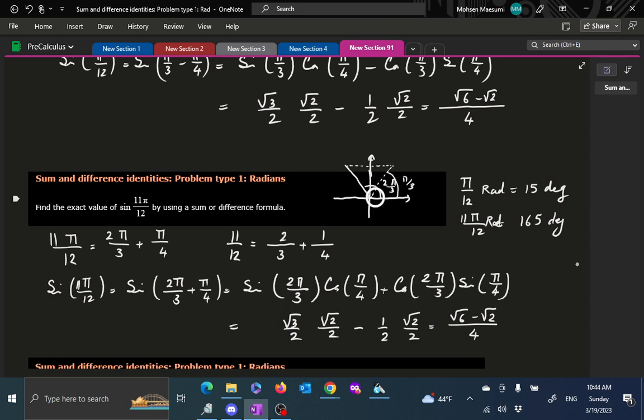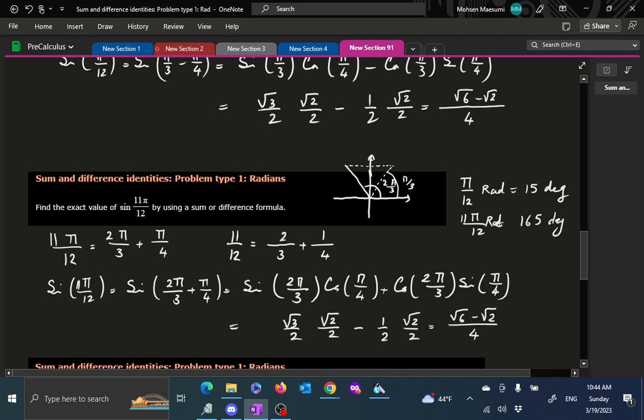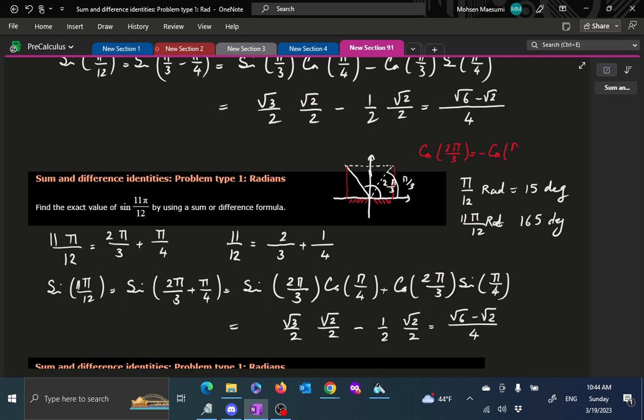Cosine of this, and the original one, that we draw in a different color, cosine of 2 pi third, I come down here, and this is the cosine of 2 pi third. Cosine of pi third, I come down here, and this is cosine of that one. So cosine of 2 pi third is negative of cosine of pi third. Okay, by reflection identities, these two cosines, one is positive, one is negative.